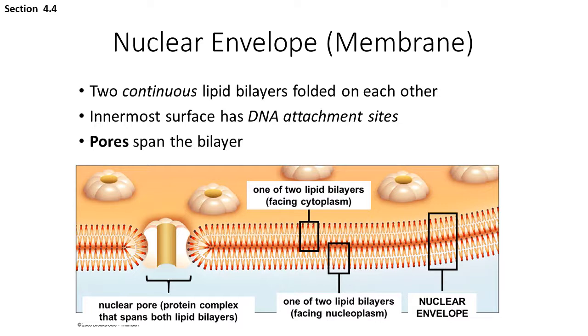So one layer of this continuous layer of lipids faces the cytoplasm, and one layer with DNA attachment sites faces the nucleoplasm, which is similar to the cytoplasm but is within the nucleus.